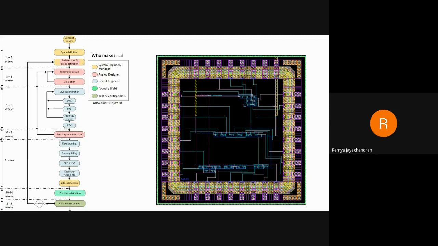In this wafer there will be a lot of different dies, right? So while cutting these dies, it should not affect the IC. It should not enter into this one.